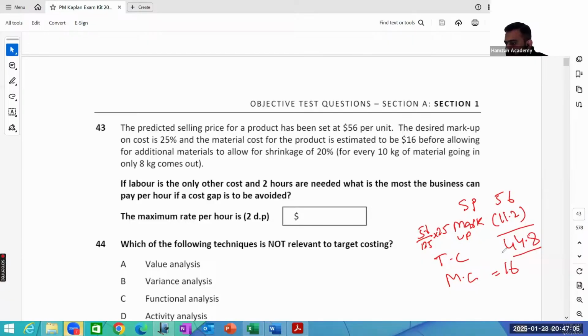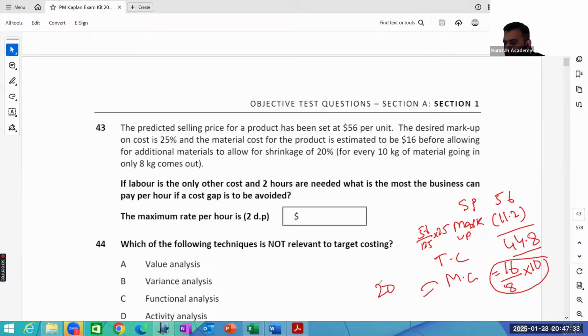That means for every 10 kg of material going in, only 8 kg is coming out. So this is the value of 8 kg, and you have to input 10 kg of material. So 16 divided by 8 into 10, and your raw material cost will be $20.